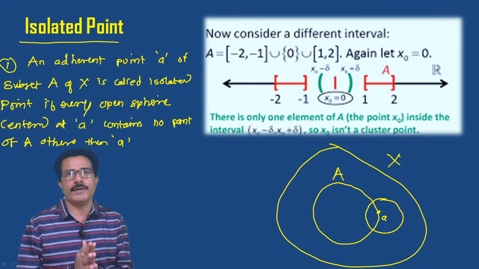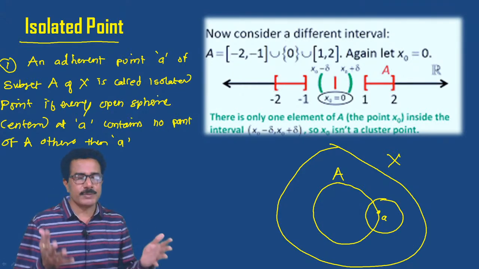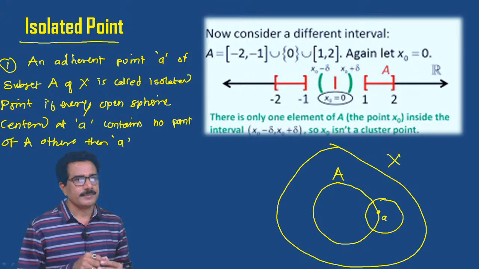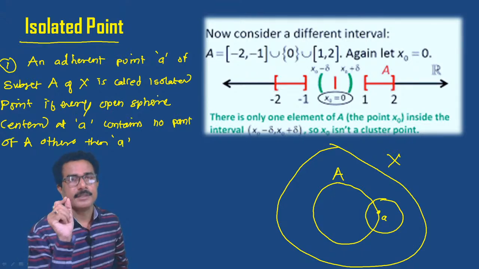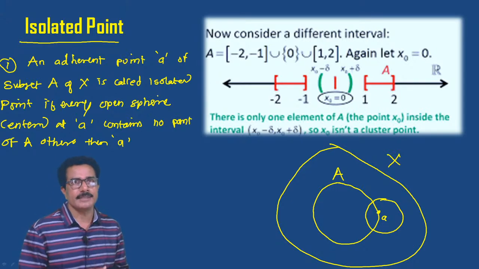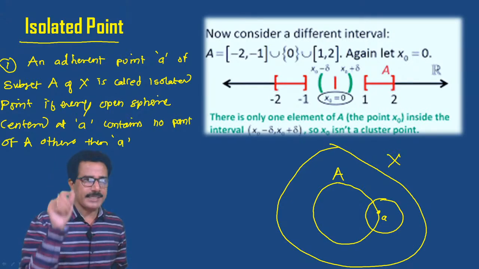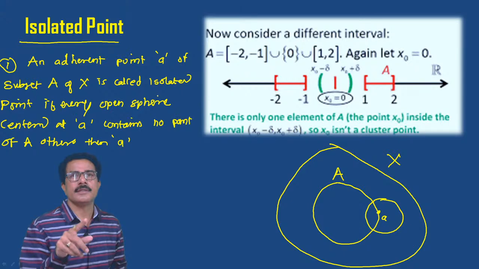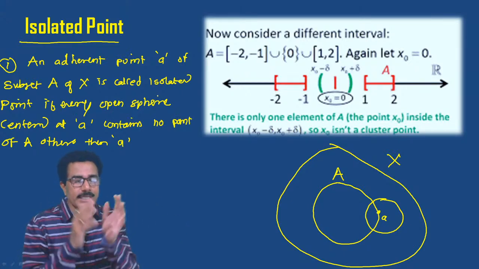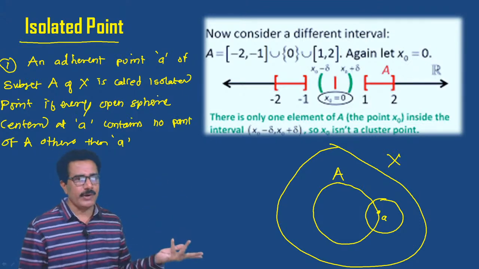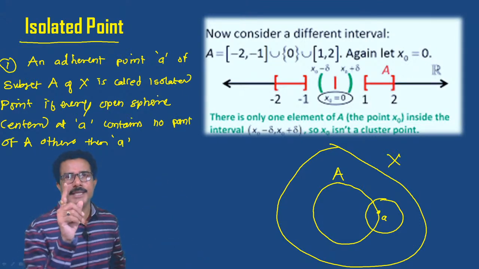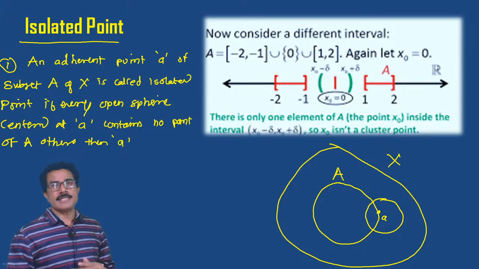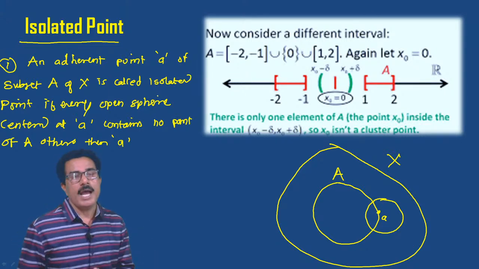Capital A is a subset of the metric space, or a subset of capital X. Then there exists a point small a in capital X such that the open sphere centered at a contains only one point, that is a. There is no point other than a included in capital A. This is called an isolated point. If the open sphere has only that point and no other point, then it is called an isolated point.